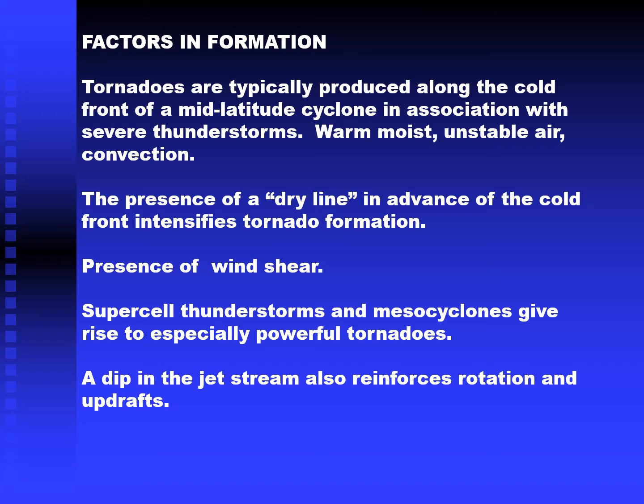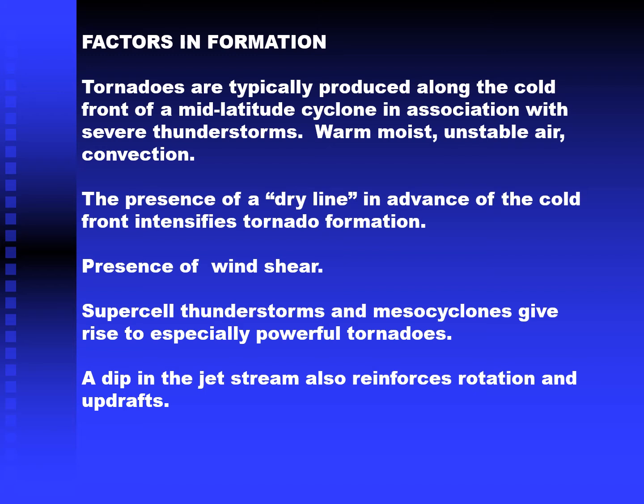Okay, so factors in formation. I'm going to want you to know something about this for your last exam. I'm going to ask you to know which particular storms are capable of producing tornadoes. So let's go through the list, not all of which are written down here. Definitely you need the presence of wind shear, of course. You need a thunderstorm, particularly a supercell thunderstorm.